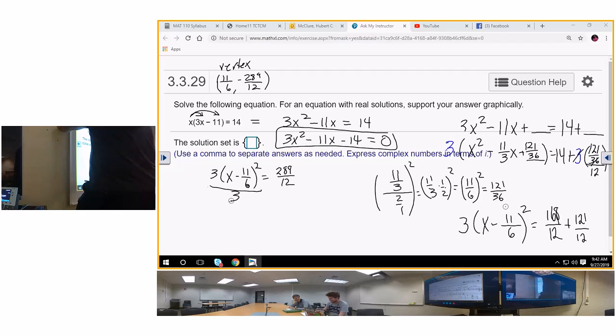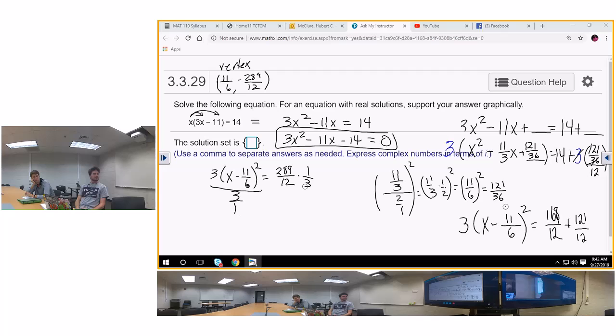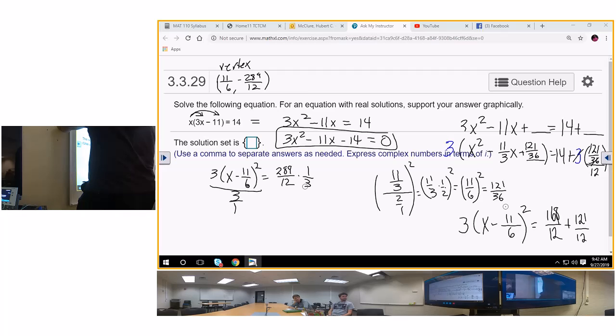All right, divide by 3. When you divide by 3 over 1, that means you multiply by what? 1 over 3. Look at that, you get a perfect square on the bottom. I'll bet you that's a perfect square too. So x minus 11/6, quantity squared, is equal to 289 over what? 36.